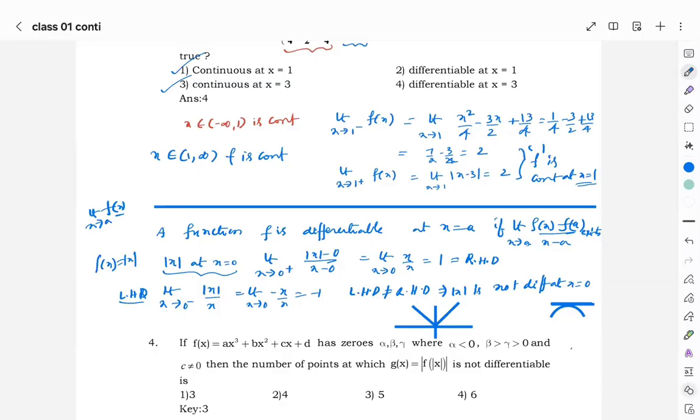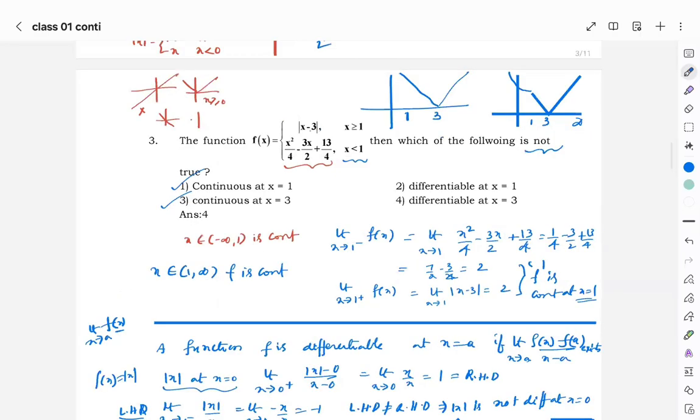If I take a graph like this with a sharp edge, I can draw one tangent, I can draw another tangent, so it is not unique. So wherever a sharp edge is there, it is not differentiable. That means at x equal to 0, f is not differentiable.